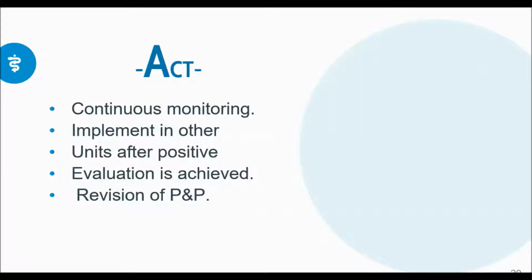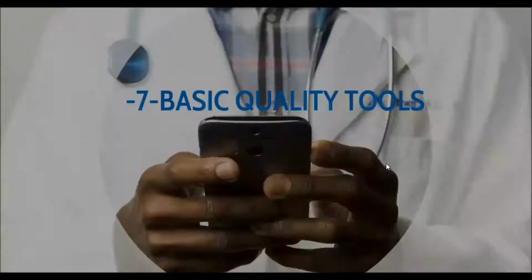We take pictures, for sure after the approval of the patient's family, and they are confidential. Implement in other units after positive evaluation is achieved. A revision of the policy and procedure: we let the staff review the policy and procedure from time to time.